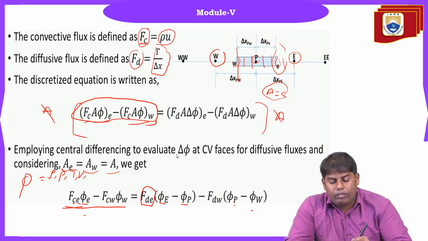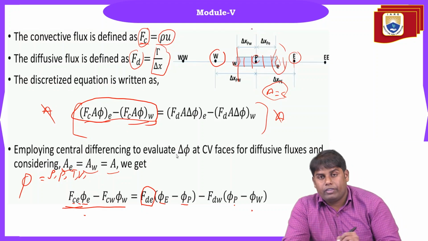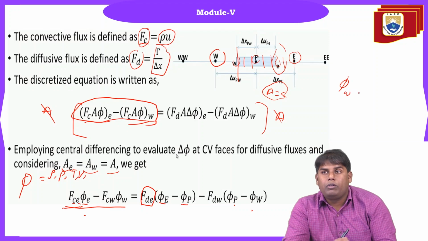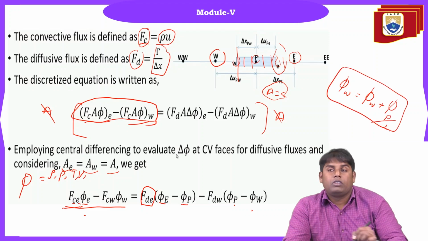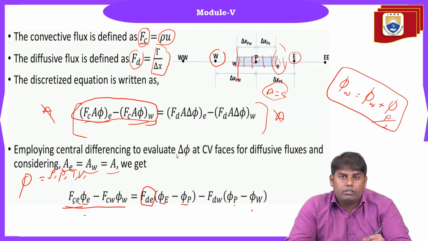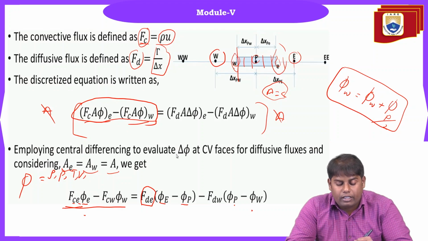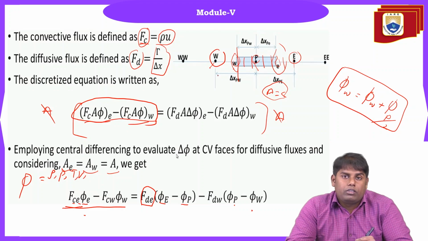If you want to get the value at the west face, let's say phi of small w is equal to phi of capital W plus phi of capital P by 2. This is one formulation we have. Here we are taking this value and this value and averaging these two.